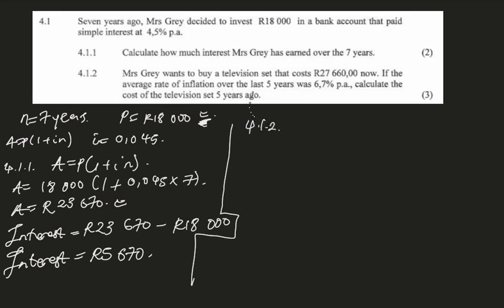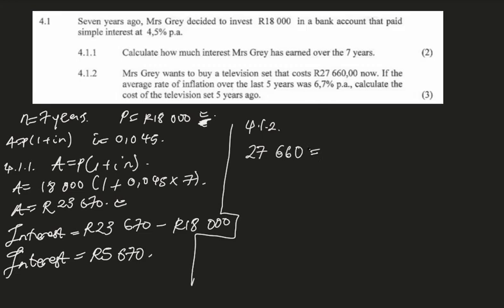Now going to 4.1.2. It says Mrs. Gray wants to buy a television set that costs 27,660. So they give us an amount, 27,660, that's the price. Is this accumulated or principal? We don't know, let's read further.